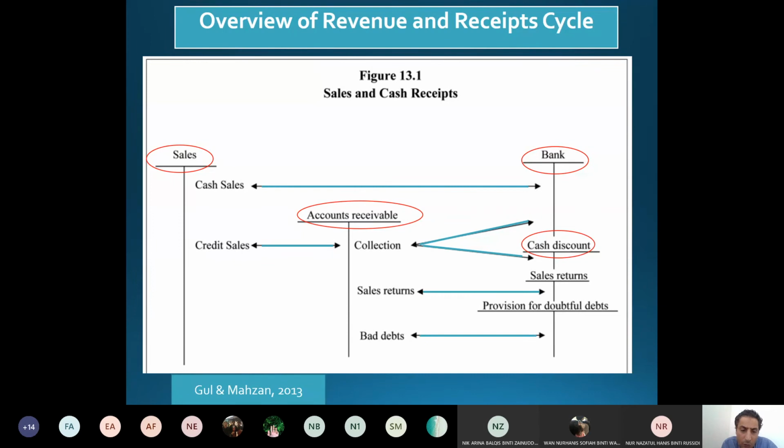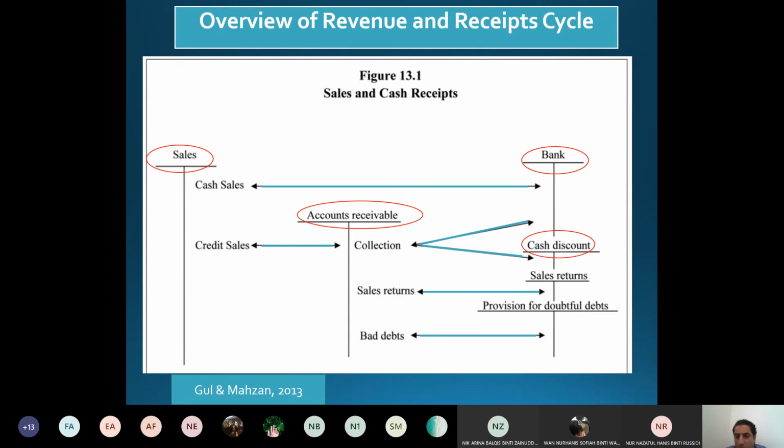So we will credit sales and record it on the debit side of account receivable, and then when we collect the cash, we will credit the collection to account receivable, and on the side of the bank we will debit the collection.